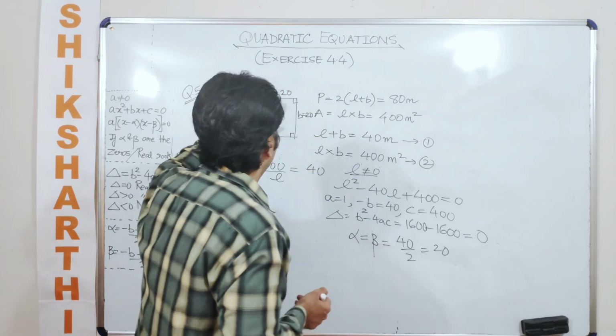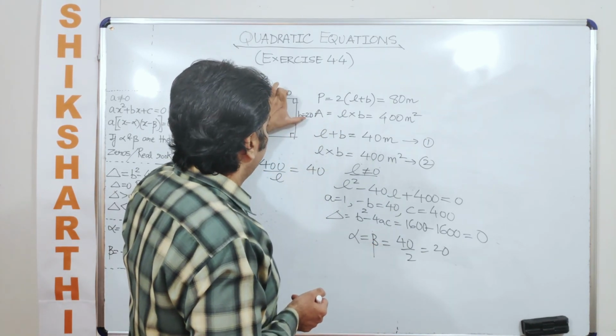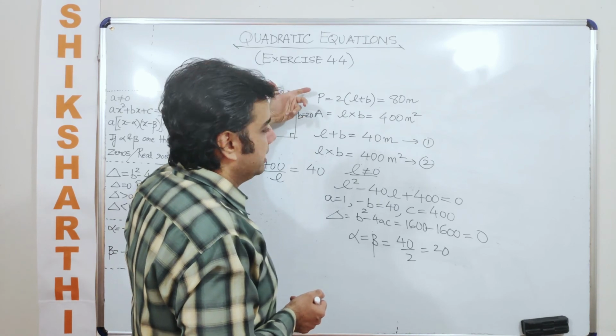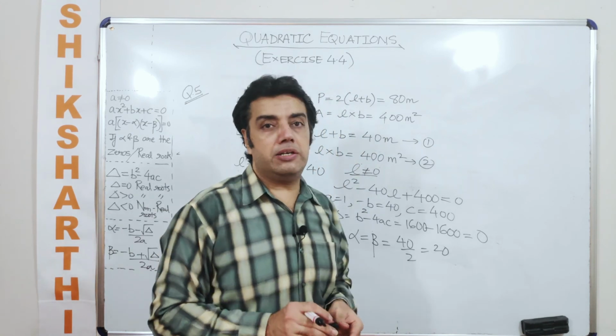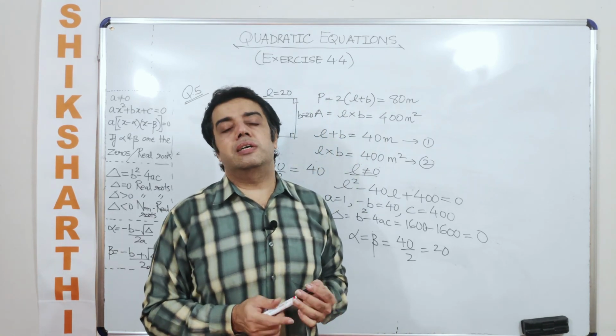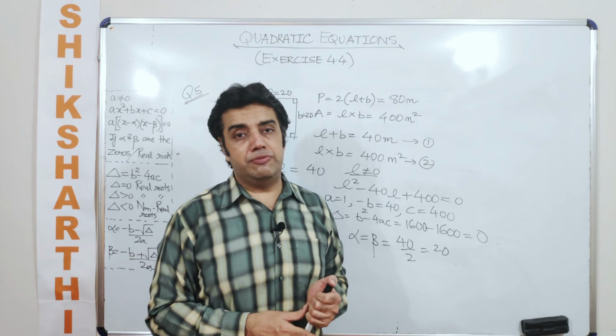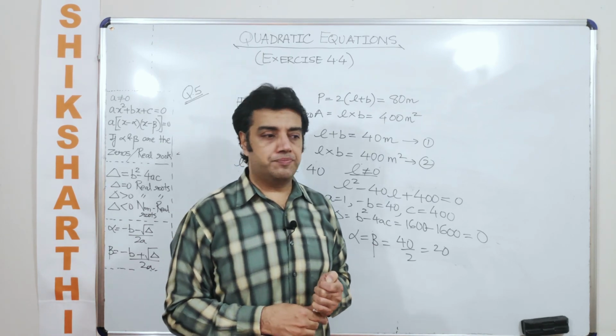So despite the fact we got the values, these values fit to make a square, not a rectangle. And it says, is it possible to design a rectangular park? No, it is not, because it is only a square plot which can be formed out of these dimensions.